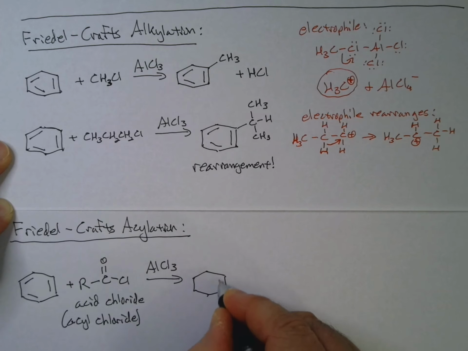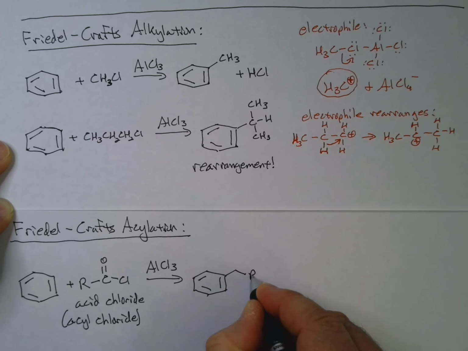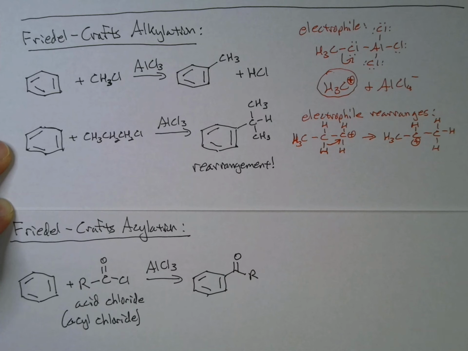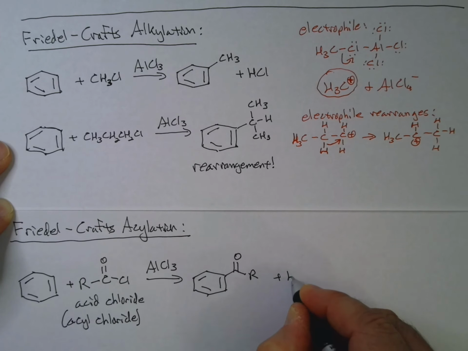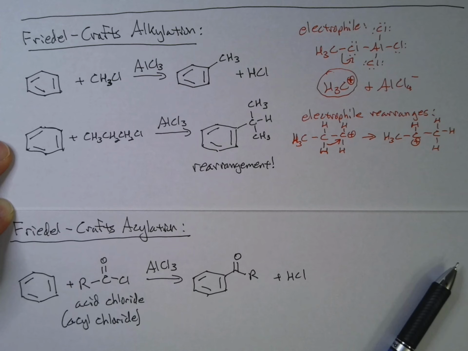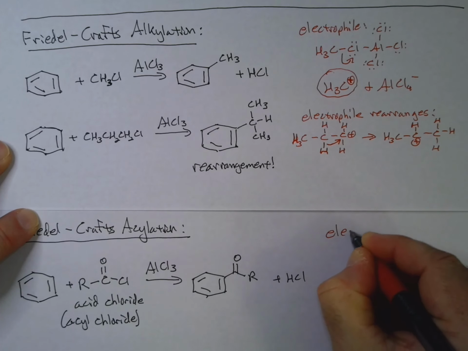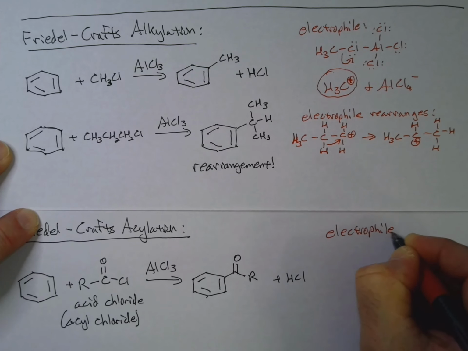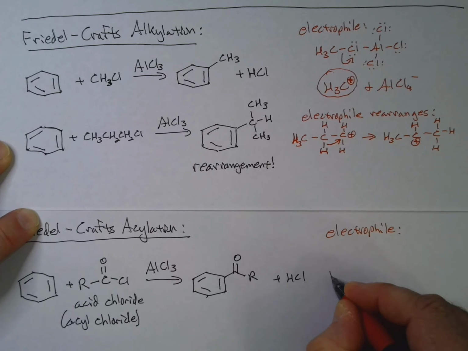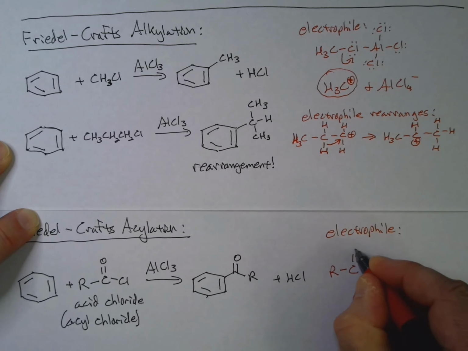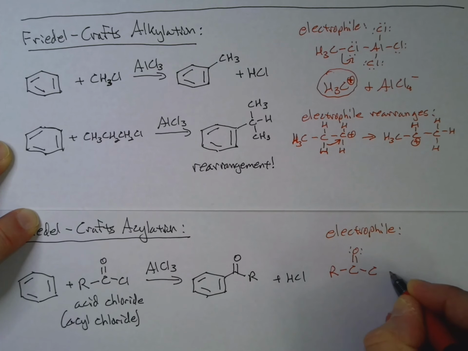And we will end up getting now our acylated benzene plus HCl. And again, we'll make an electrophile which looks like this. We would have R, C, double bond O, Cl, AlCl3. I'm just going to write that. I'm not going to draw out all the chlorines.